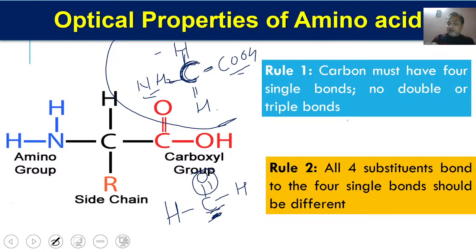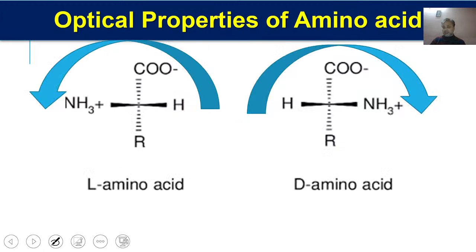So rule number 1, carbon should have 4 single bonds. Yes, it is having 4 single bonds. So rule number 1 is followed. Rule number 2, the 4 groups associated there should be different, but in this case they are not different. This group is the same as this group. So when 4 groups are not different, it is symmetric. So now you may look at 4 different groups and decide how to tell if it is symmetric or asymmetric. Fine, perfect.